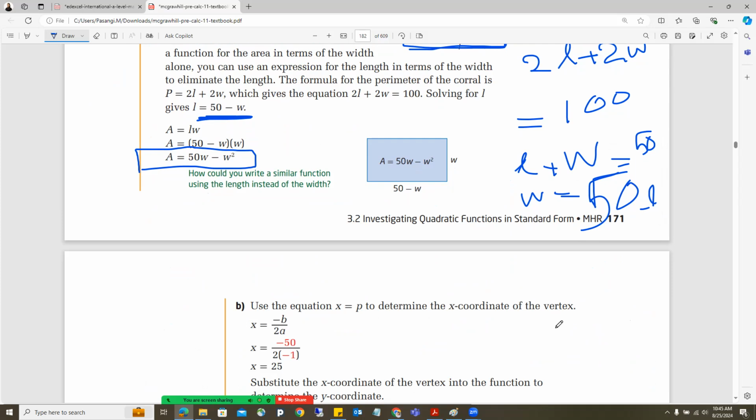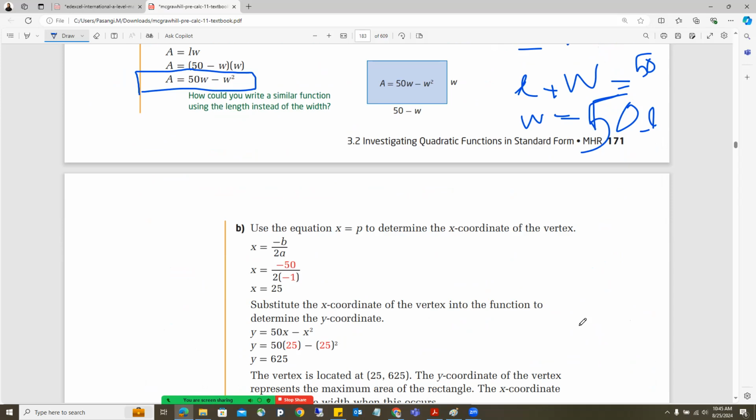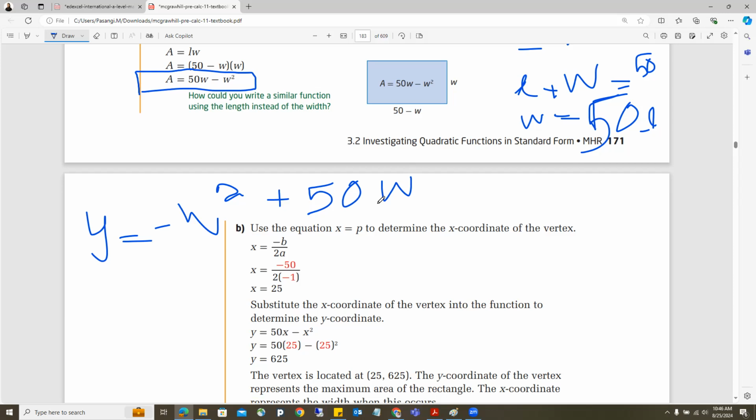A means y. This is the given function. From this function, how can we find the vertex? It's minus b over 2a.